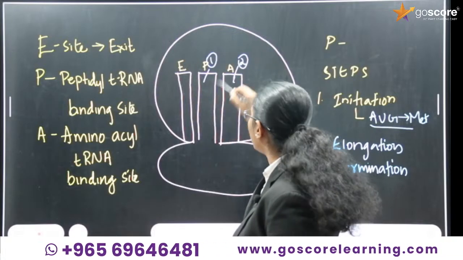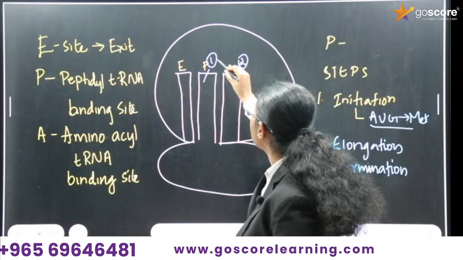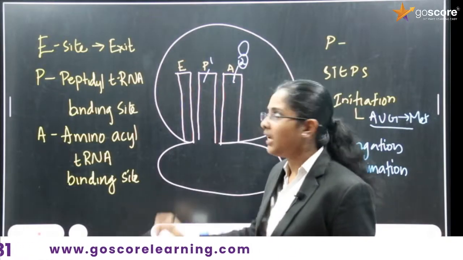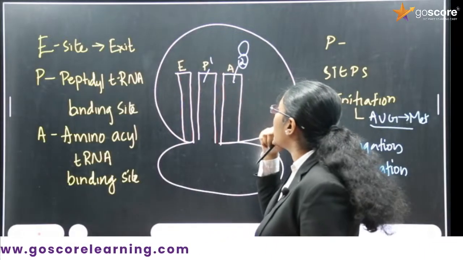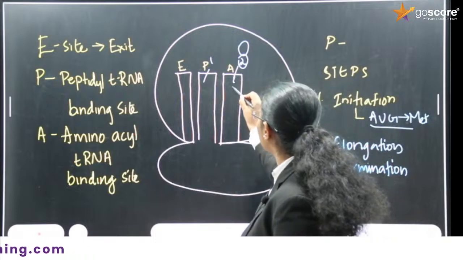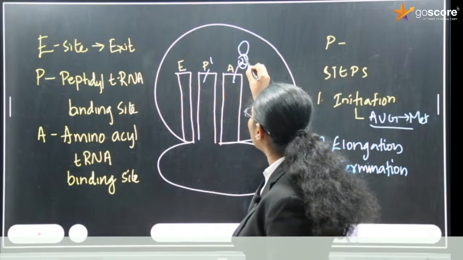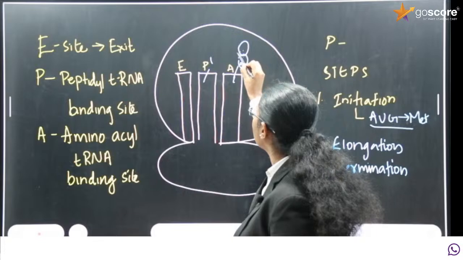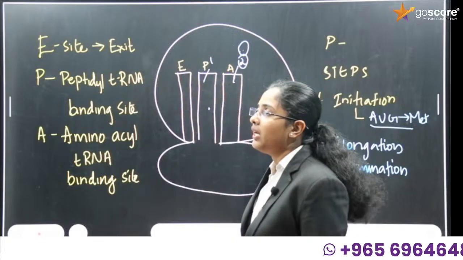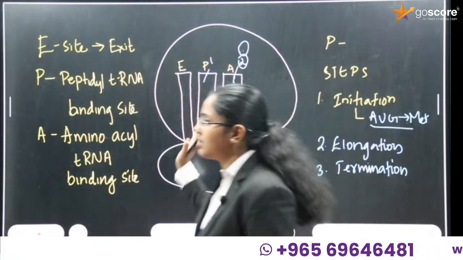After the second amino acid comes, the second amino acid will be here and the first amino acid will be here. Then the first amino acid will move onto the second amino acid. Now there is a tRNA with no amino acid. The tRNA moves to the P site, and again to the E site.